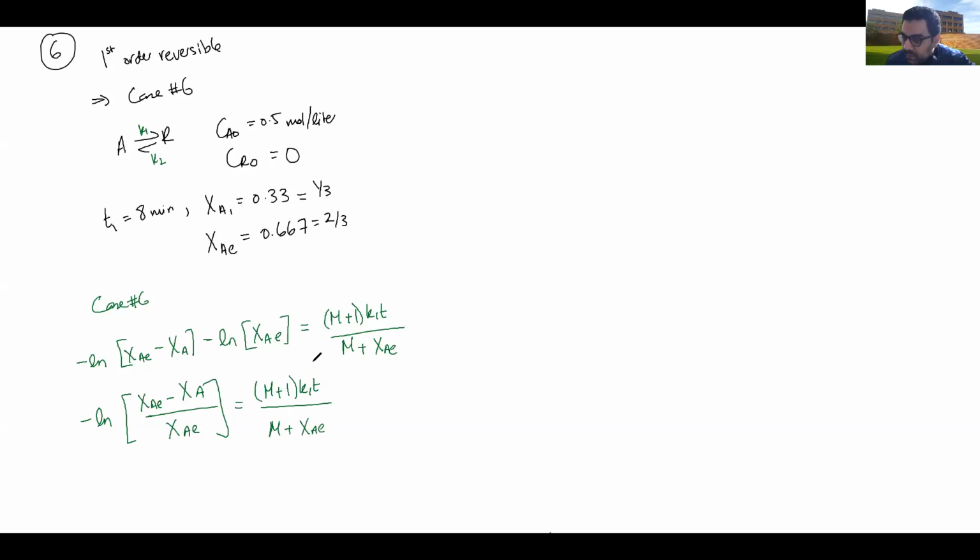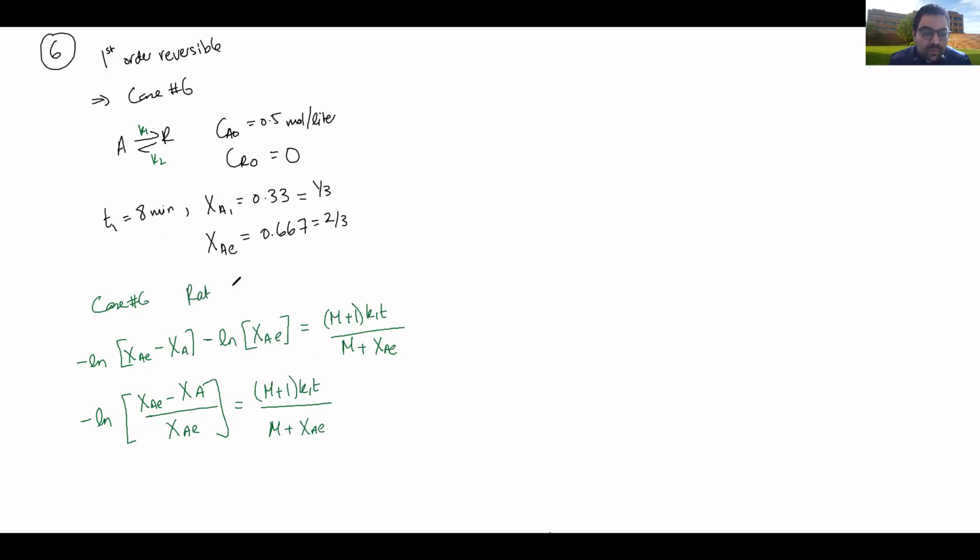Okay, so let me go back to the problem and remember exactly what we're looking for. What are we trying to do? Find the rate equation. So let's recall the rate equation for a first order reaction as well.